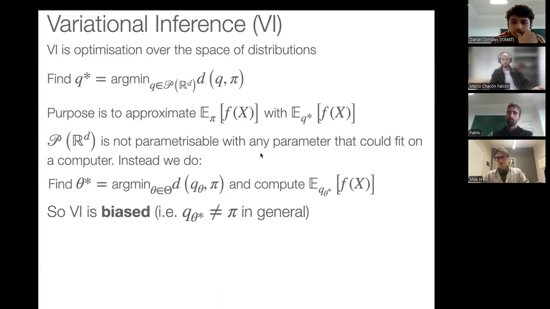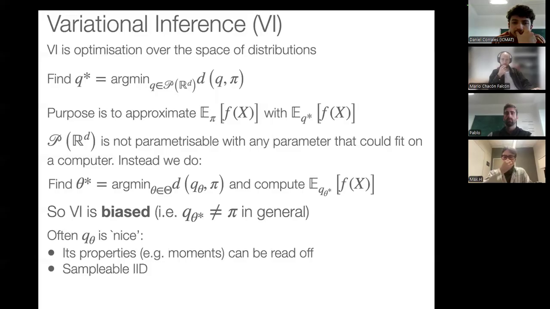So in general, because the parameterized family will be a strict subset of the entire set of probability distributions, the results of our variational inference methods are going to be biased. But often, members of the parameterized family will be quite nice. And this is almost by construction. So we construct the parameterized family so that it's easy to optimize over. And so therefore, number one, we know it's parameterized, and number two, we know that we can optimize over it.